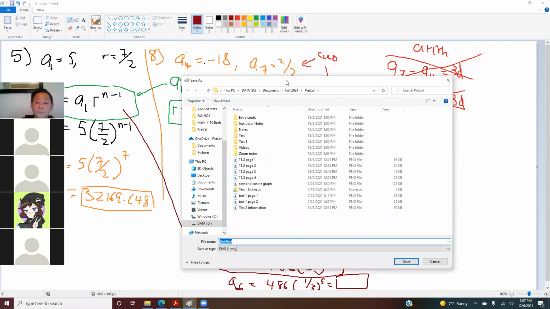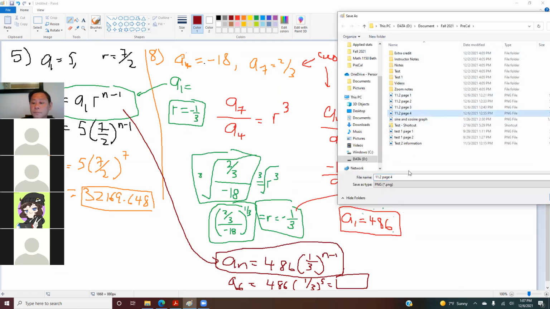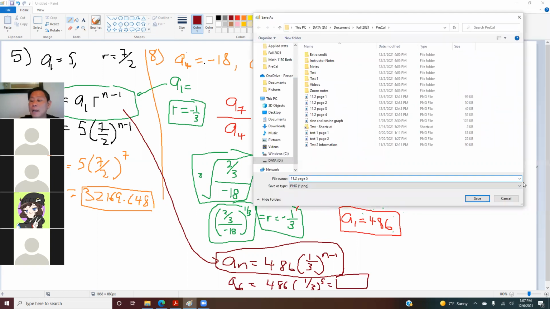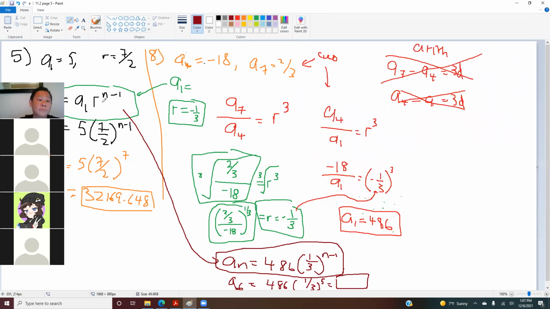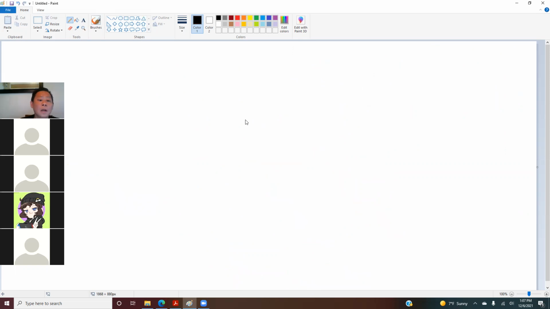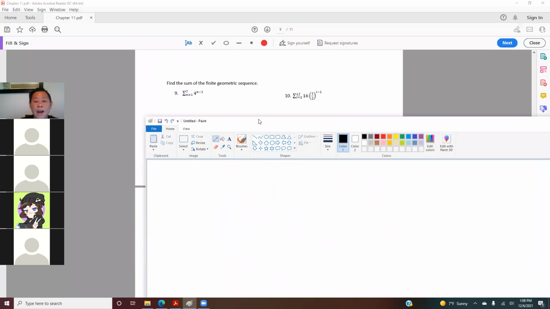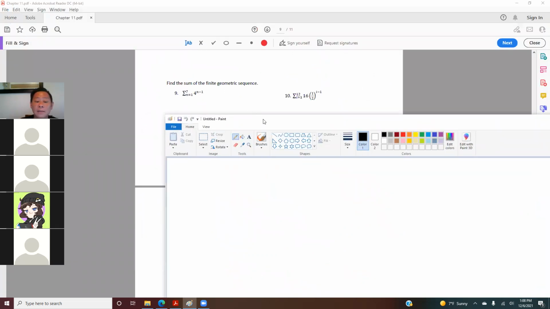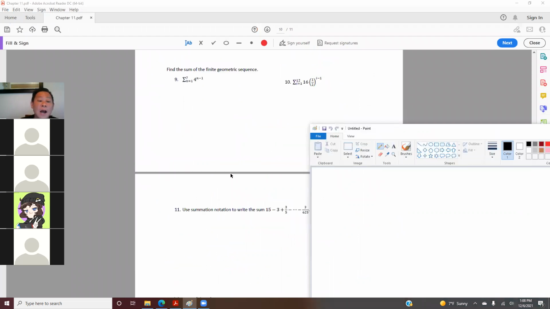Questions? So this is how we use the AN terms here to figure it out. Next, we'll do the sum. We have the sum of the finite, and then we have the sum of the infinite. The difference between them is the summation.